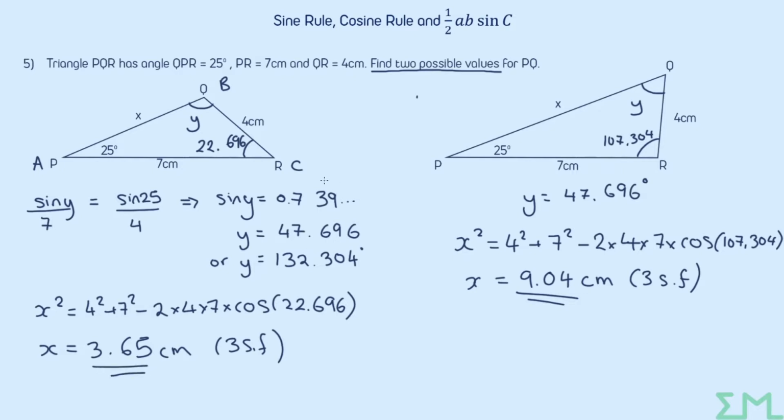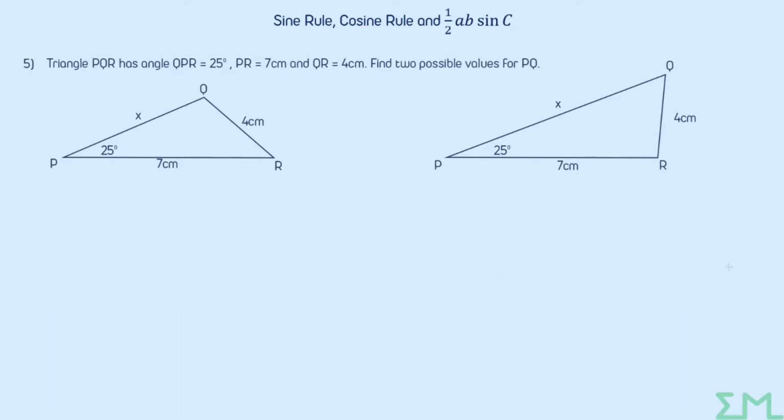Now I did say that we could have used the cosine rule to do this process, so just take in how much working we've done there, the processes that we went through, and then here's the alternative way of approaching this. So let's get rid of all this working.